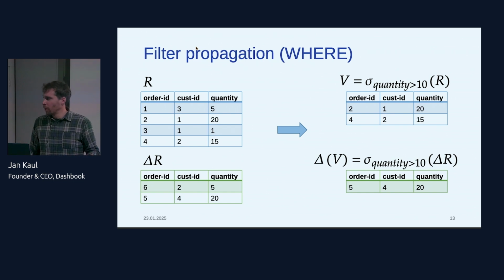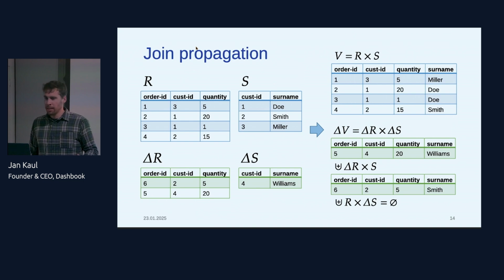It gets a bit more interesting if we are looking at joins. This time we have two inputs and their corresponding changes on the left side, R and S. On the top right, we see the result of an inner join of the original states of our inputs.